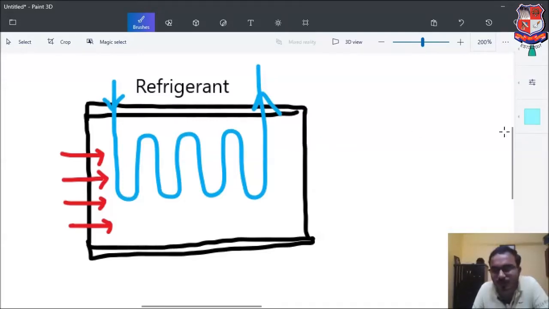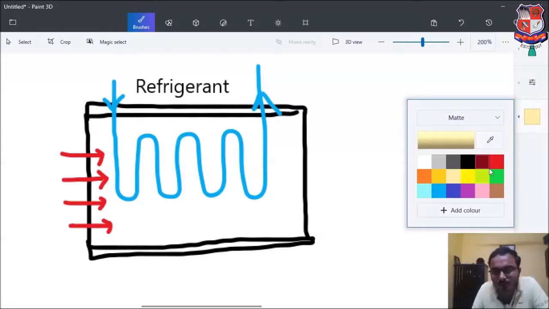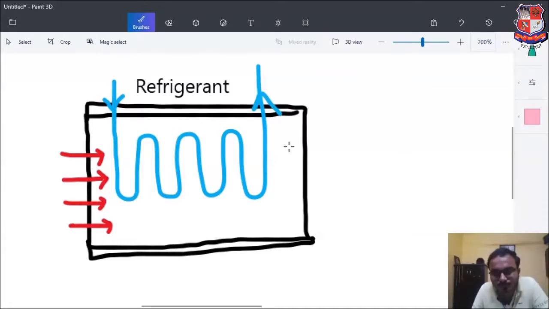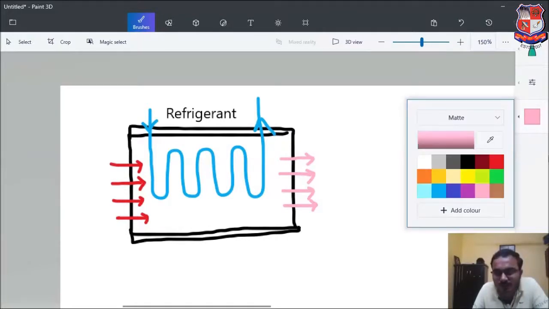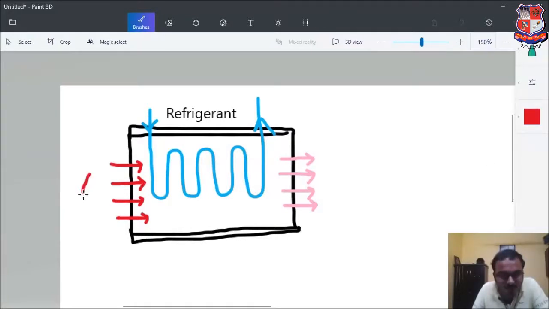So this has now been cooled. You need to remember the temperatures: this temperature will be TD1, which is the higher temperature.